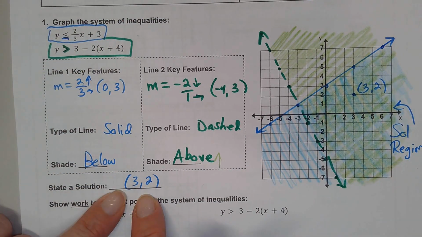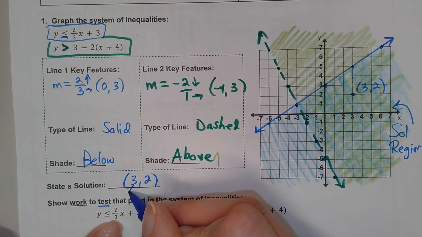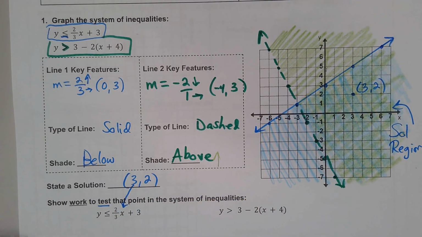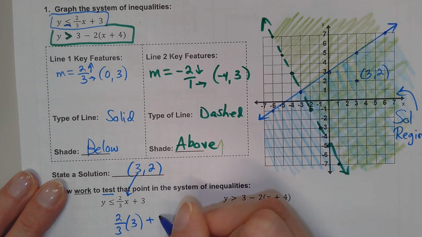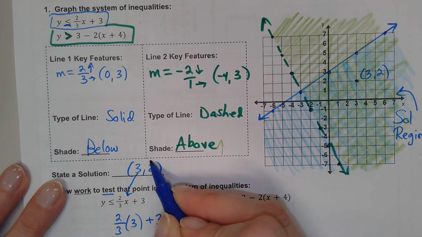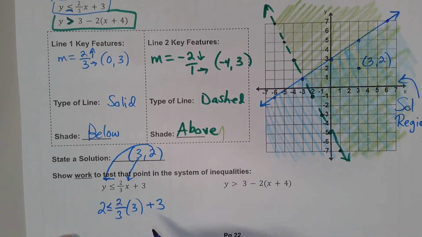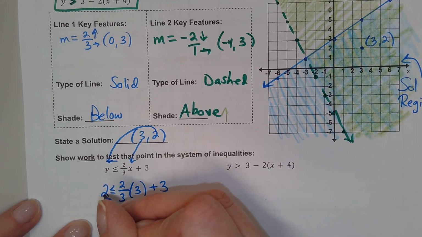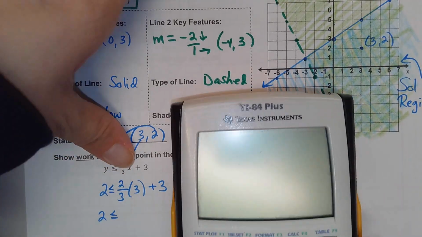And the one that you pick, you now have to show work to test. We have to put the x number into the x place with parentheses. There's a lot of 3's. And the y number has to go into the y spot. And then we have to calculate. This side is a 2. And what does this side make?